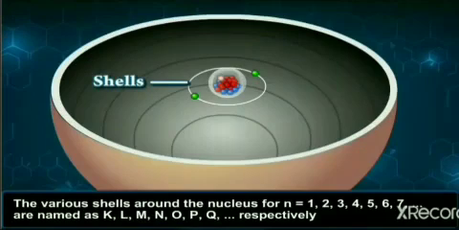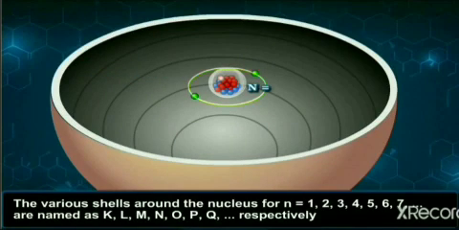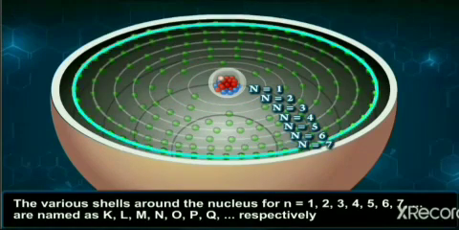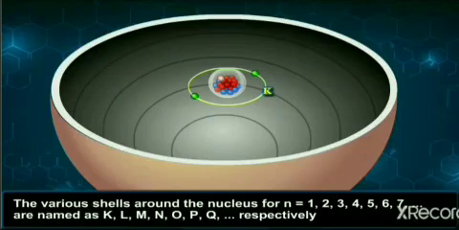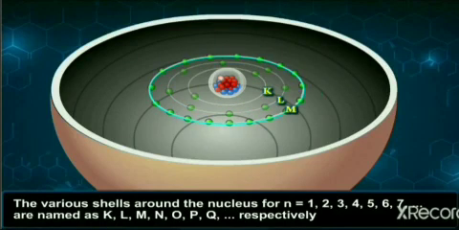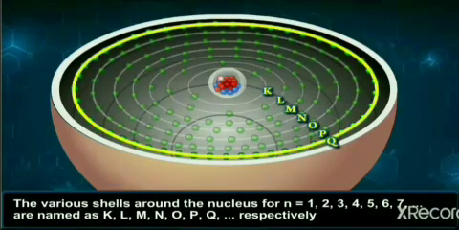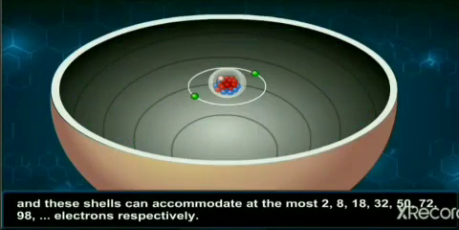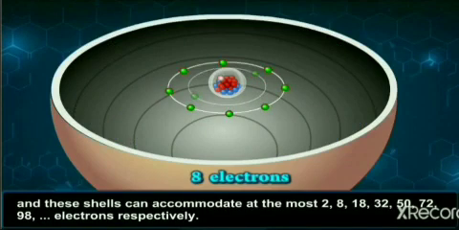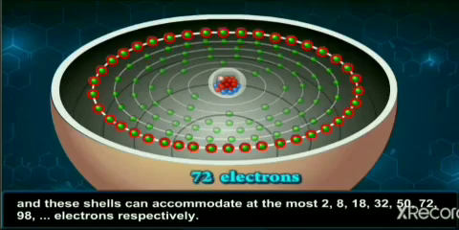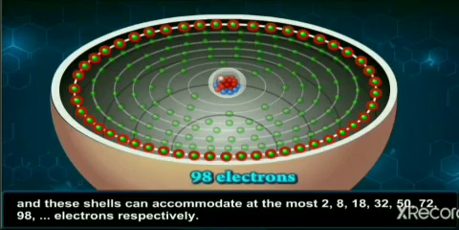The various shells around the nucleus for n equal to 1, 2, 3, 4, 5, 6, 7 are named as K, L, M, N, O, P, Q respectively, and these shells can accommodate at the most 2, 8, 18, 32, 50, 72, 98 electrons respectively.